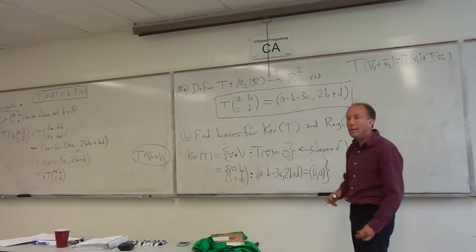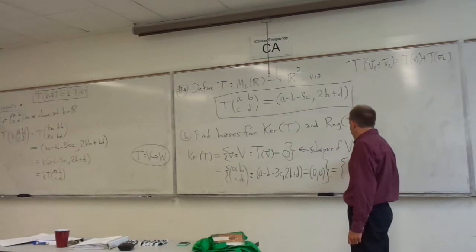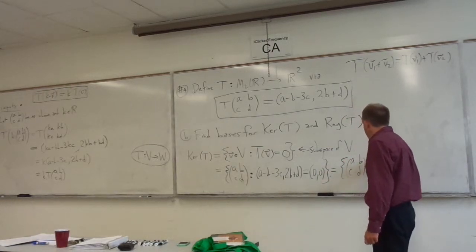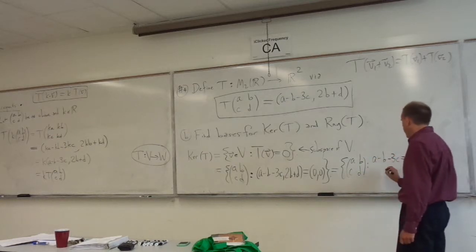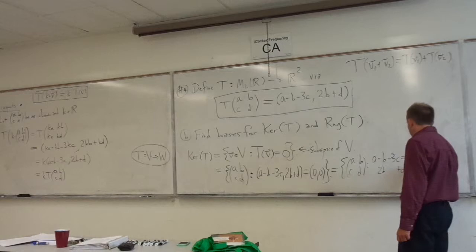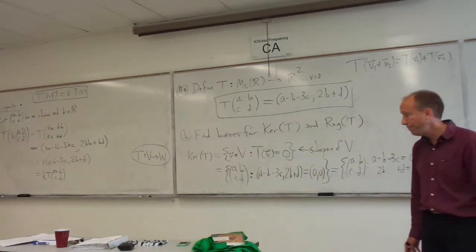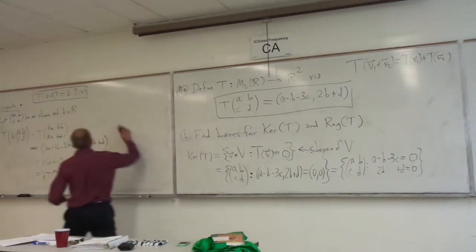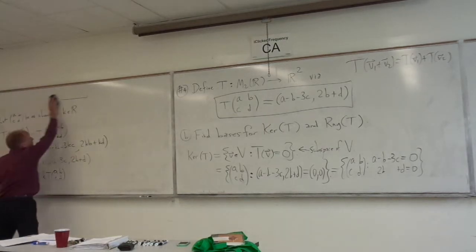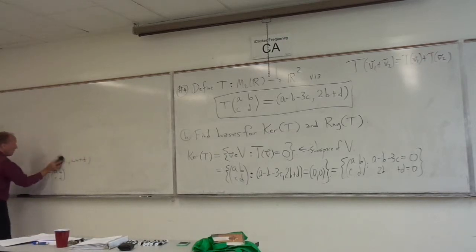So you can basically see that your kernel is just the set of A, B, C, D such that, and then you just have two equations here. A minus B minus 3C is 0, and 2B plus D is 0. So you actually have a system of equations to solve. So we can actually try and show how to solve that system then. See how this is going to use the chapter 2 stuff, solving linear systems of equations.